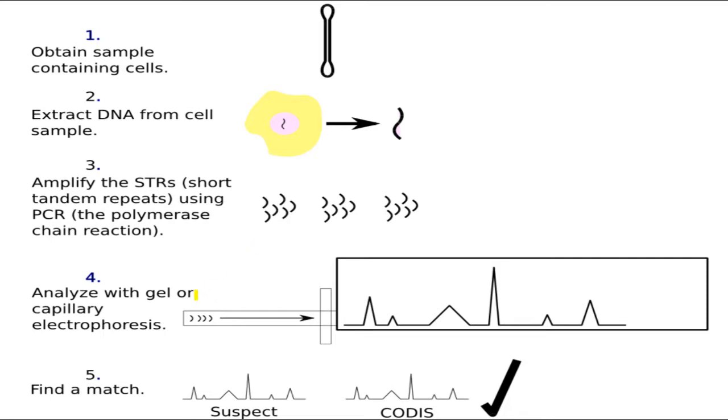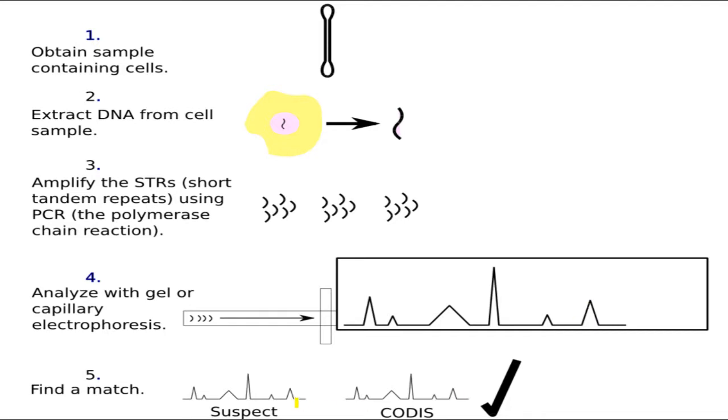We take the DNA from the sample, and we put it through gel electrophoresis or capillary electrophoresis. The basic idea is that you send it through something, and differently sized STRs will go through first. So let's say this one went through first, and this was the slowest one. Presumably the larger ones go through faster.